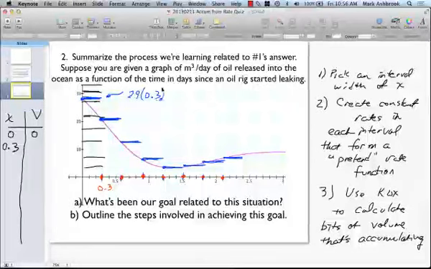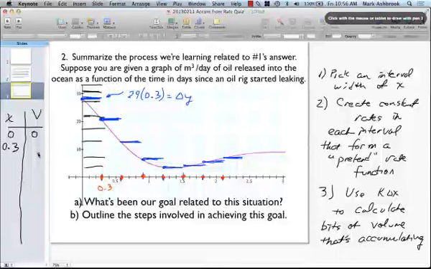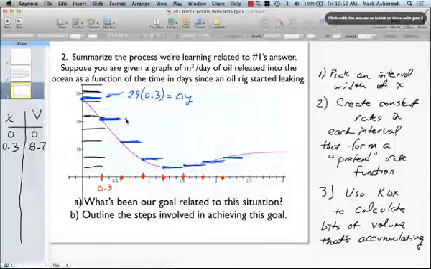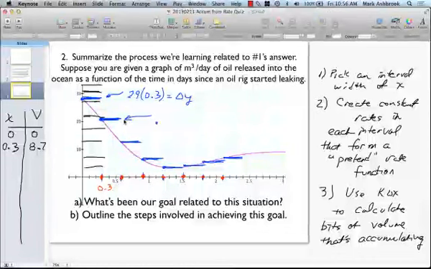K delta X gives delta Y. So how much oil has accumulated? Someone crank that out. Someone got a calculator? What's that, 29 times 0.3? 8.7? Okay, next one. So then the next time we also get 8.7. Is that right?